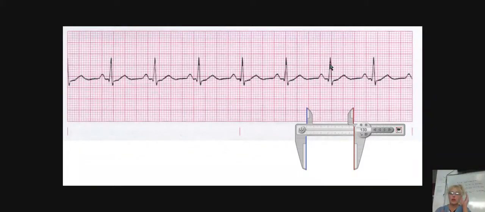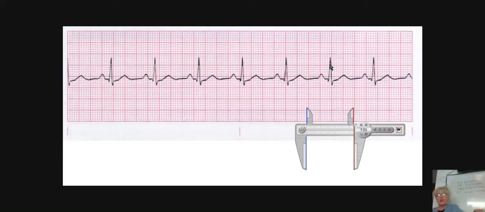Now, is the heart rate within the normal range? It is. The P to P's are regular. The R to R's are regular. There's a P wave for every QRS and a QRS for every P wave. Now we're going to measure to see if our values fall within these levels.